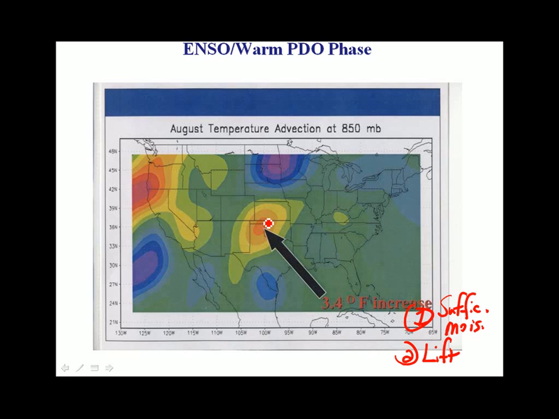And what I found is a bullseye of warm air advection occurring over Oklahoma, Kansas, and portions of northern Texas. So we had warm air advection down to our southwest at 850 millibars.